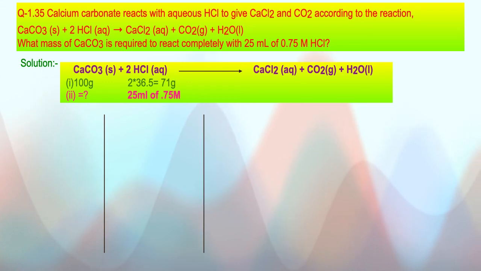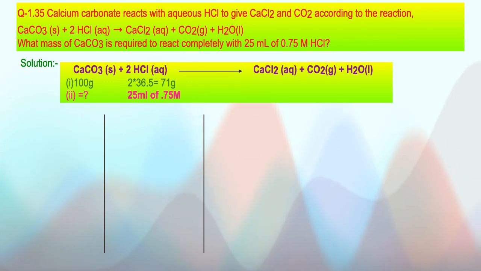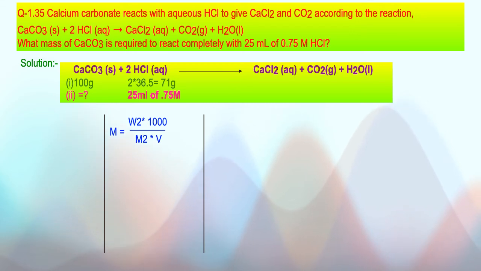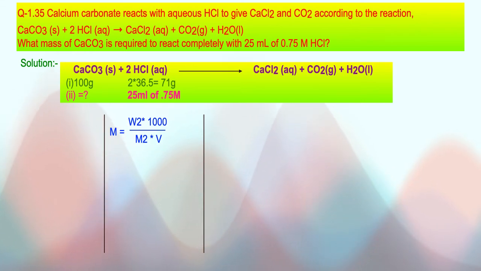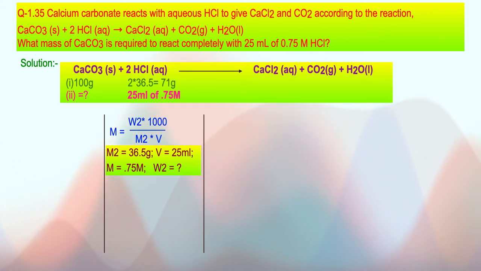Let us solve this, 25 ml of 0.75 molar. It is the molarity. And what is the molarity equation? M is equal to weight of solute divided by molar mass of solute multiplied by volume of solution, and multiplied by 1000. As shown in the equation, we have the molarity 0.75 molar, and molar mass of solute HCl 36.5.